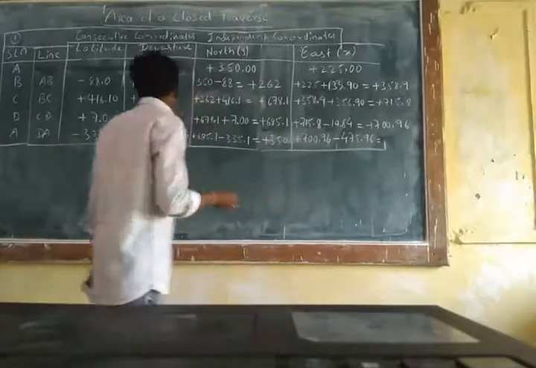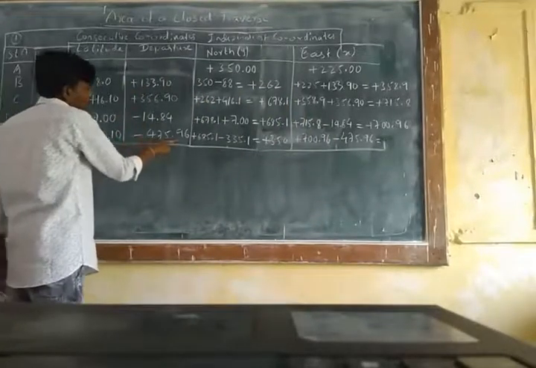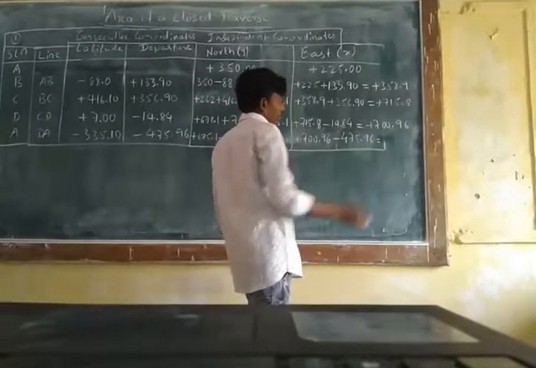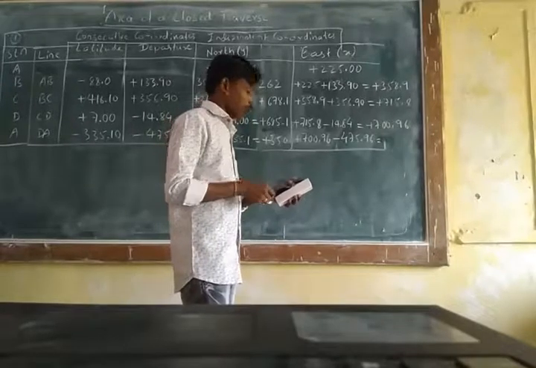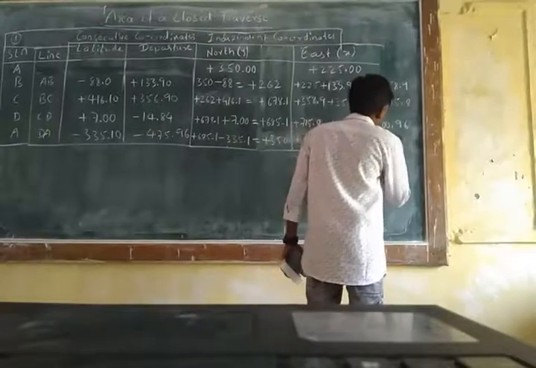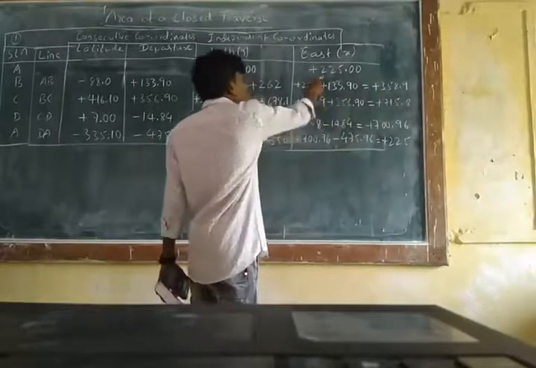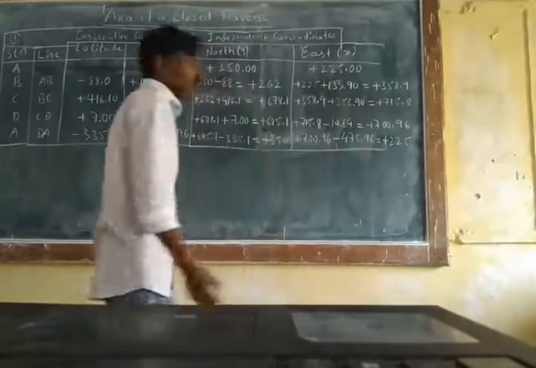Now we have to deduct the departure here. So the departure is negative, minus 475.96. So just deduct minus 475.96 and we get the value 225. So now it is correct, 225. So we have assumed the number 225, and we are getting the last number for the station A as 225 itself.